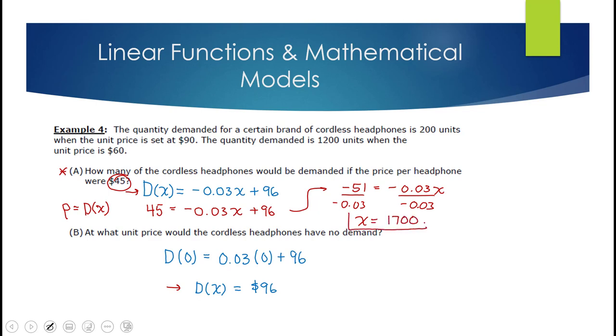That would be the number of headphones demanded if the price of the headphones were $45. And that seems to go in line with the fact that it should be going up. It's 1,200 units when the price was 60, so you would expect a higher amount, certainly at a lower cost.